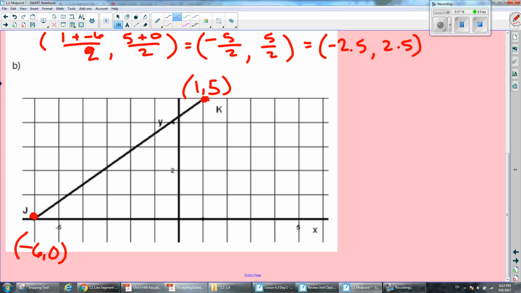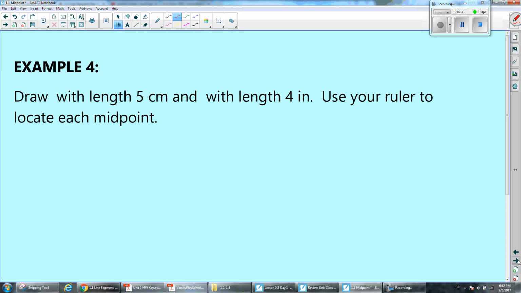So if we double check our answer by putting it on the graph, -2.5, +2.5, our point looks to be in the middle, and we can mark those two segments congruent. It's bisecting the segment, cutting it into two equal segments.